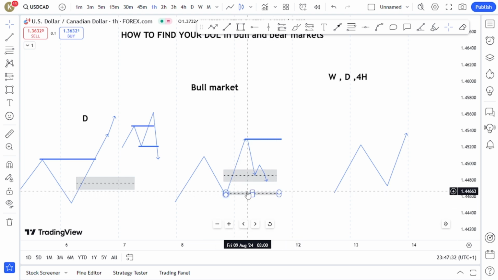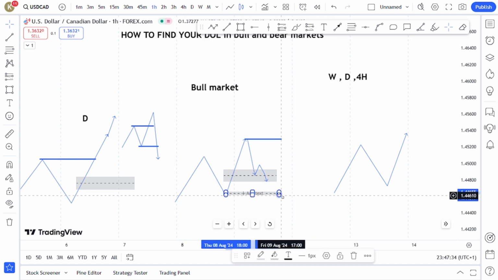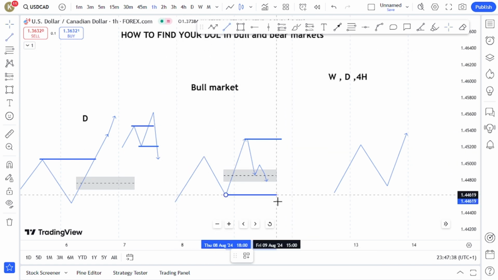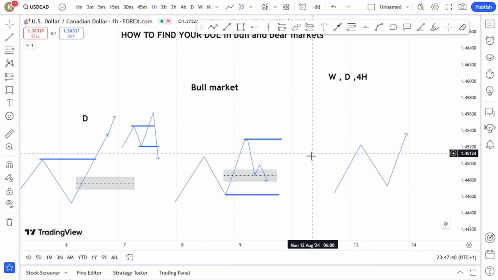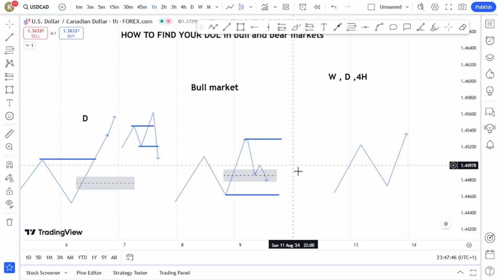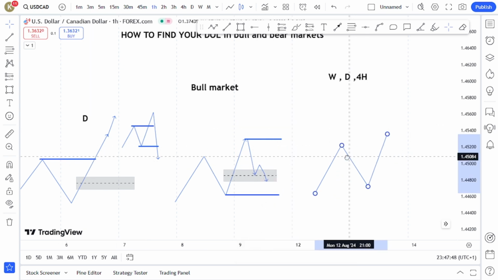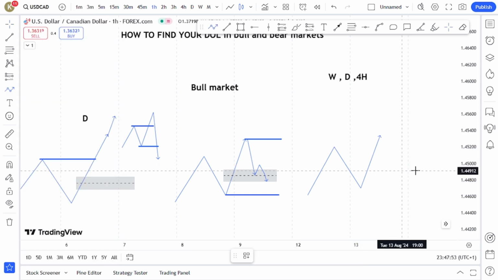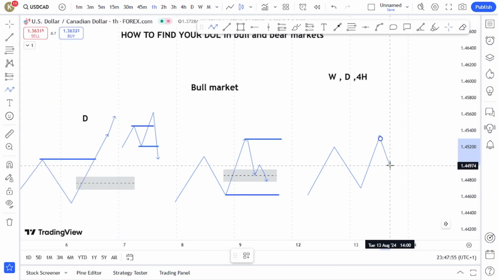If it can't be refined, then the next draw is that low, because lows are always going to be lows on every time frame. So the low is the next draw. That's it, period.